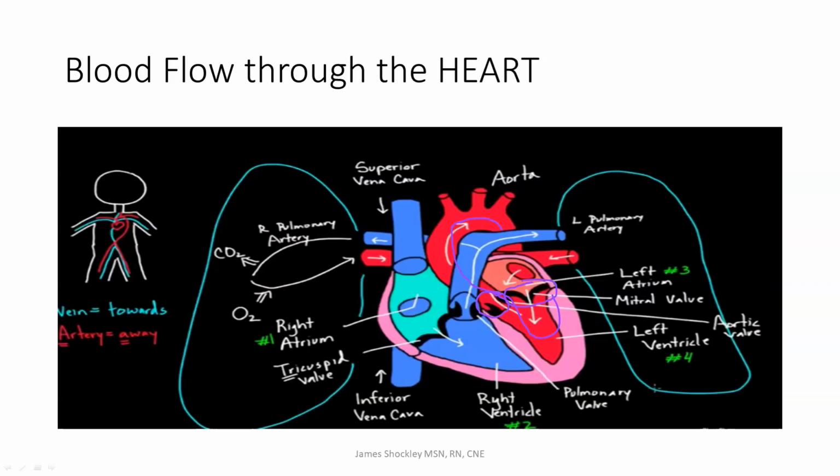And because I'm unable to maintain that normal cardiac output, that blood is then going to back up into my left atrium. And when it's filled there, it's going to back out to my lungs. So that is one of the things that we're going to talk about with heart failure.